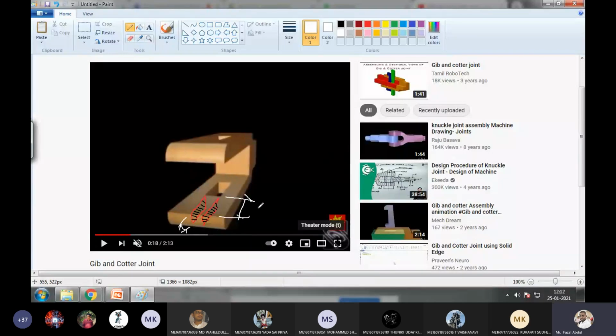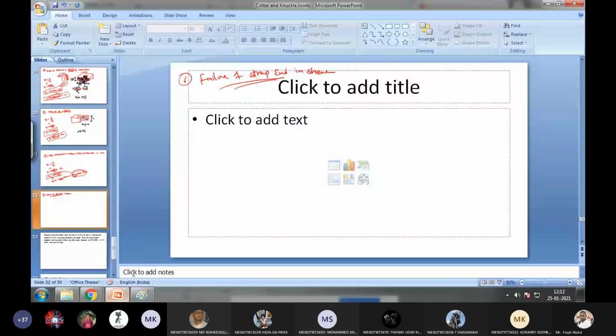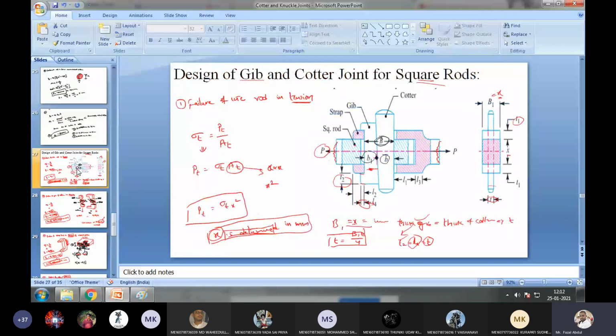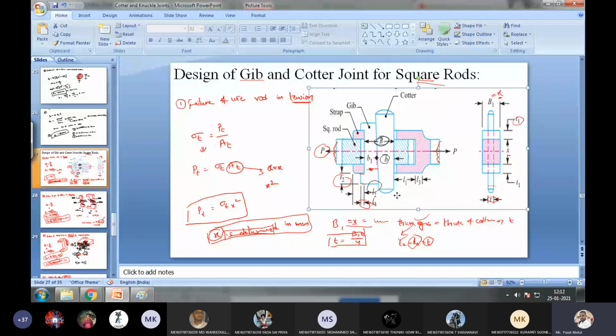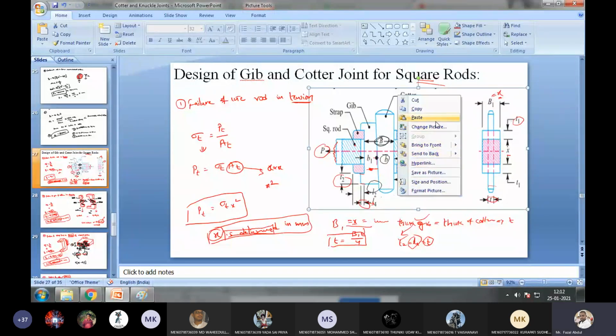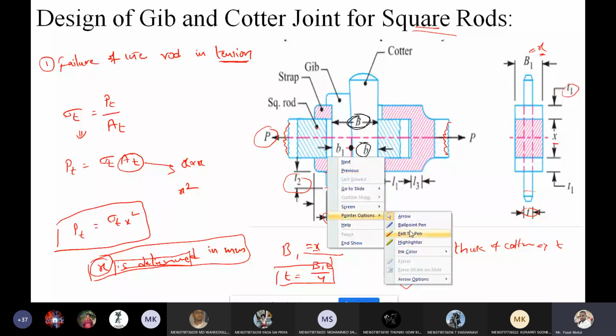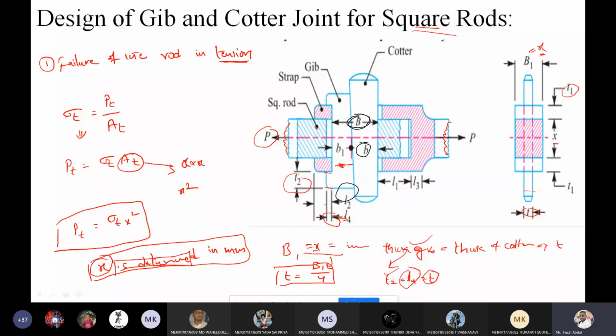So what is this one here to here? If we see the diagram, from here to here, this is the strap length, and from here to here, that is L2.